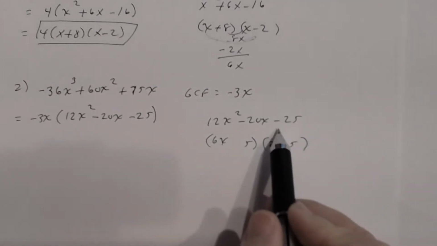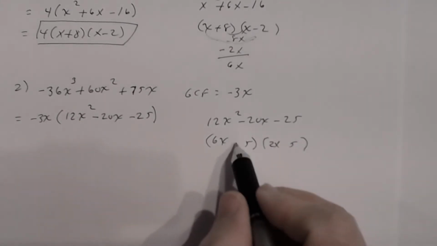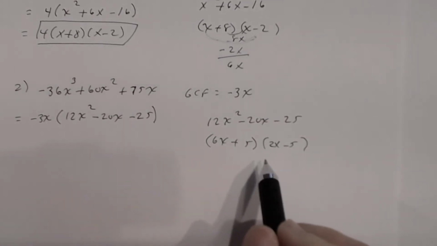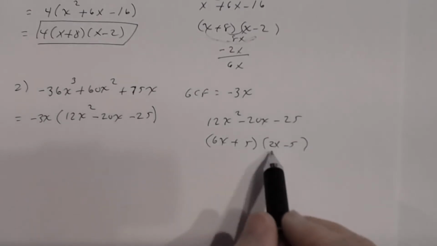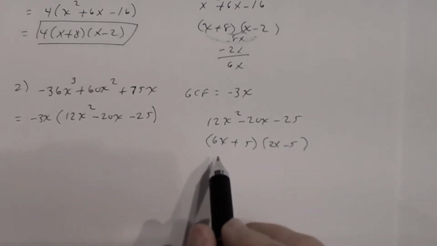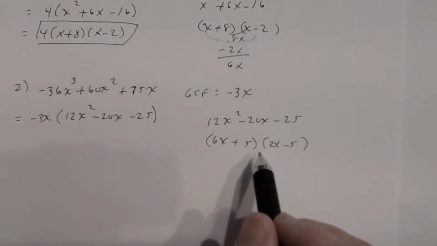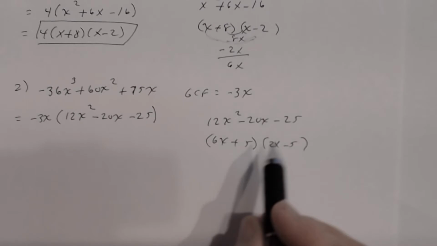And remember, the last sign's negative, so that means these signs in here are going to be different. All right, so let's say plus negative. Now again, just because you fill this out, you got to check it. It may be that the signs are incorrect. It may be that instead of using 6x and 2x, I use 4x and 3x instead. So things like that. So the same experiences you've dealt with in the past.